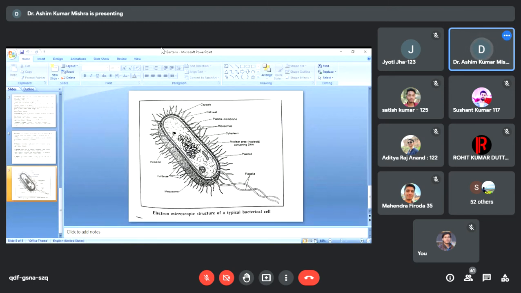Bacteria are visible. Can you say under which objective? Anyone in the school, have you observed the bacterial cell? No, sir. In the chat box, no attendance is coming. Why? You have not put any attendance in the chat box.